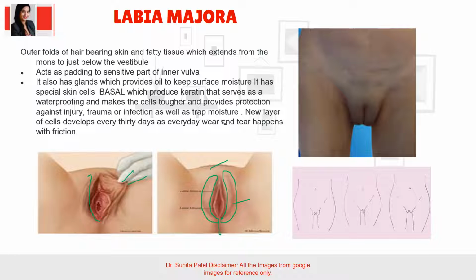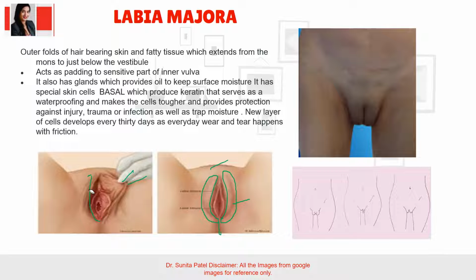A special quality of this skin is that a new layer of cells develops every 30 days, as every day wear and tear happens with friction.